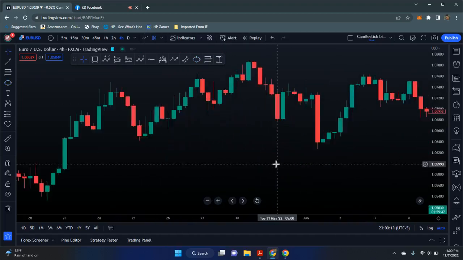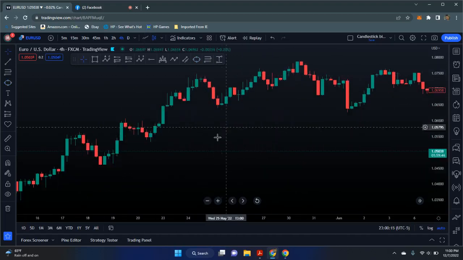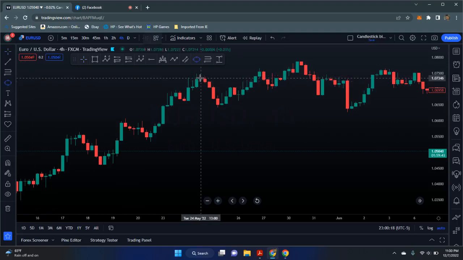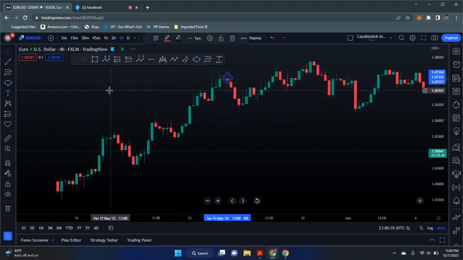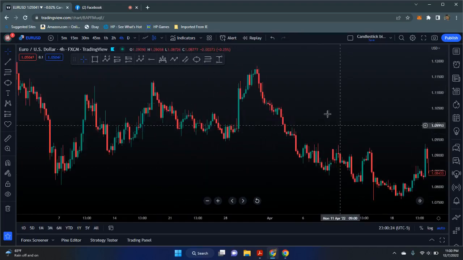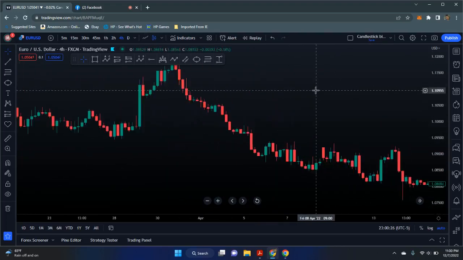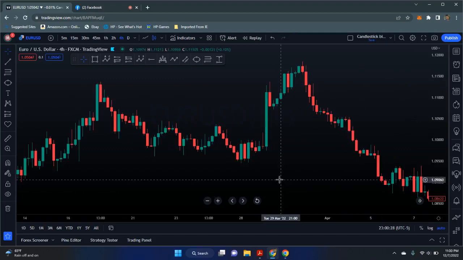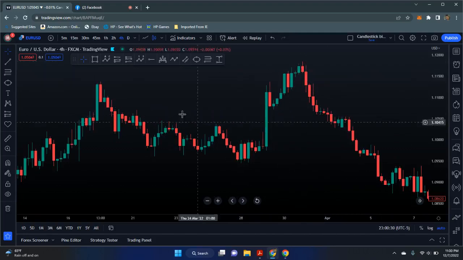Of course, we know that AUD has been on a long downtrend. I mean, this is Euro USD, but anyway, it's been on a downtrend. It's too much of a body for me.